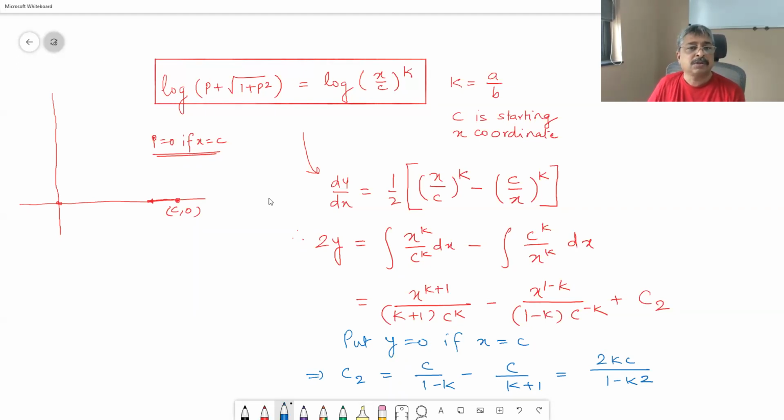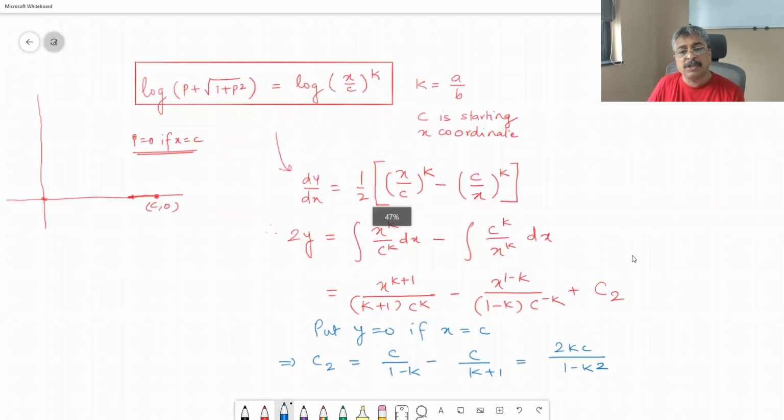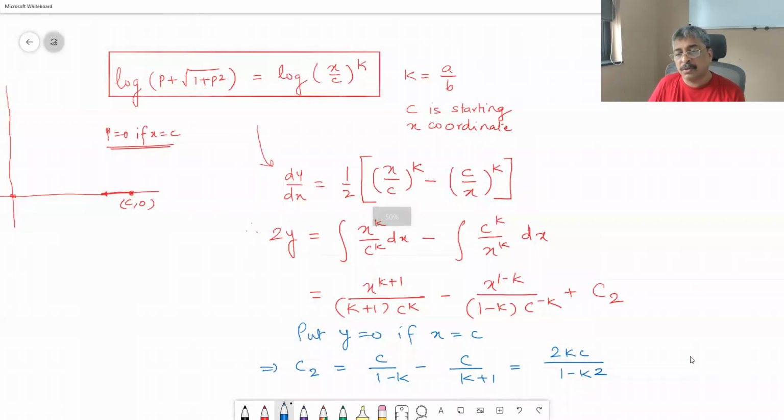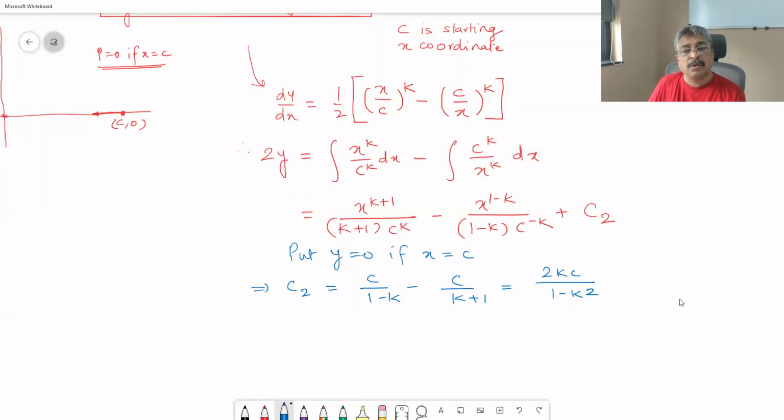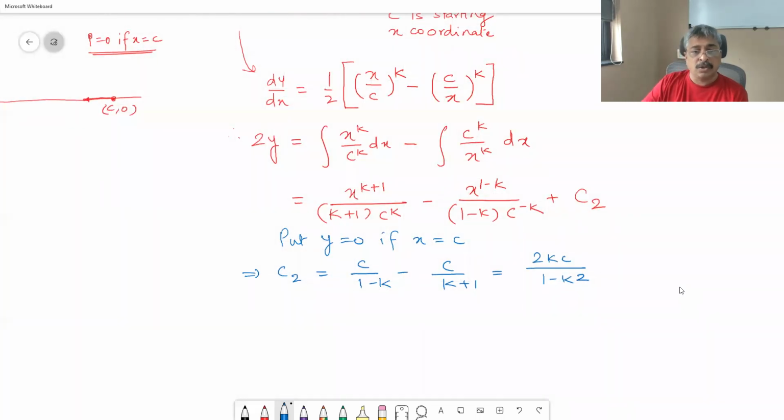Understand all this. If there is any error from my side, point it out. Otherwise, this is the equation of the curve.